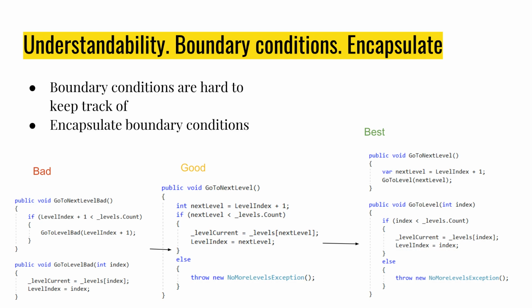So let's analyze the examples. In the first example, we see that level index +1. I don't know what +1 means. As a programmer, I understand that it says the next element, but it would be more clear if I name it as such, because I need to process the plus operation and put that in a context.